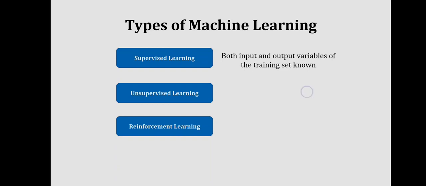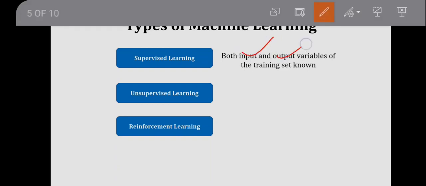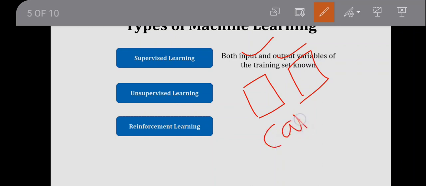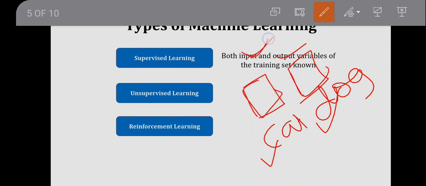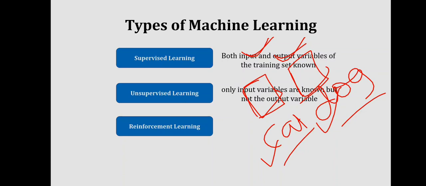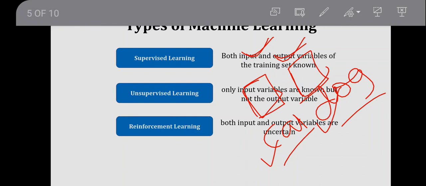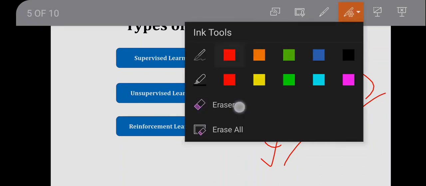For example, I tell what is the input and what is the output. If I say this is the image of a cat and this is the image of a dog, I am training the machine, telling it specifically this is cat and this is dog. I am giving images as inputs, then I am telling the output variables cat and dog. Whereas in unsupervised learning, we give only input variables.